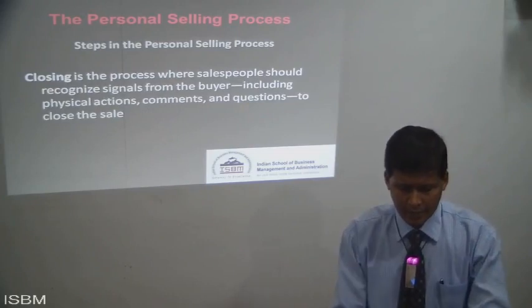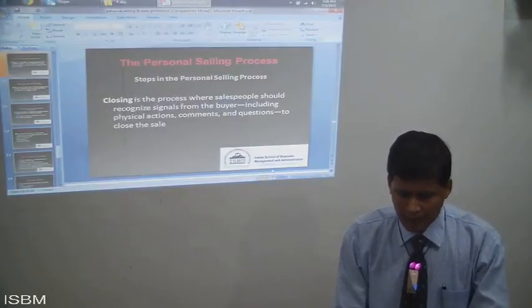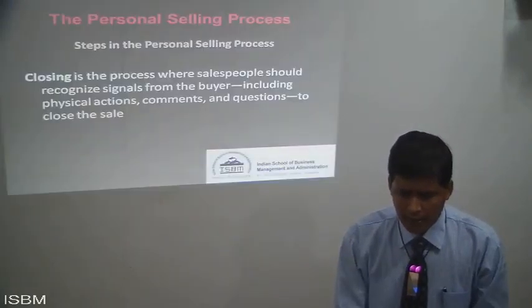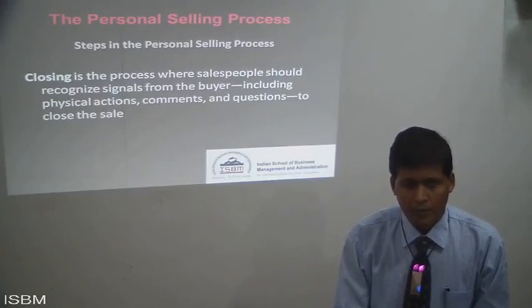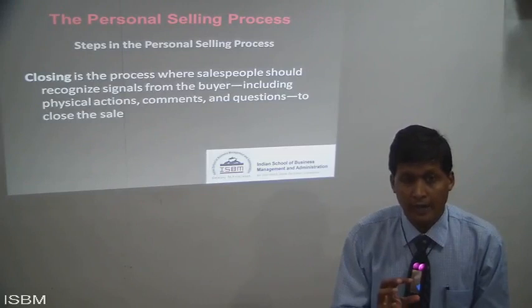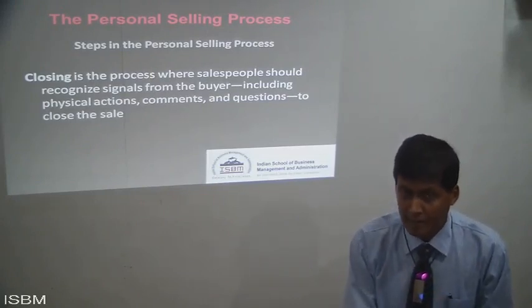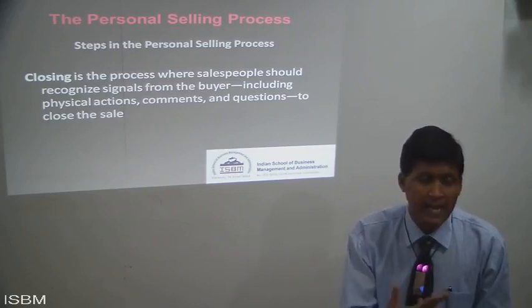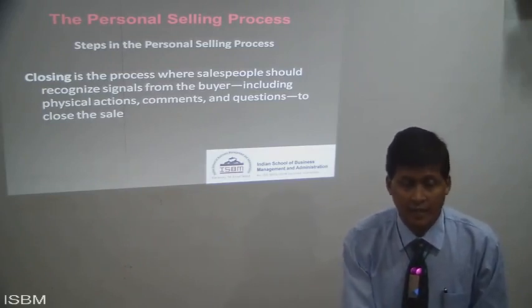The next stage is closing. Closing is a process where a salesperson should recognize signals from the buyer. It's important that there are certain buying signals that the customer gives.